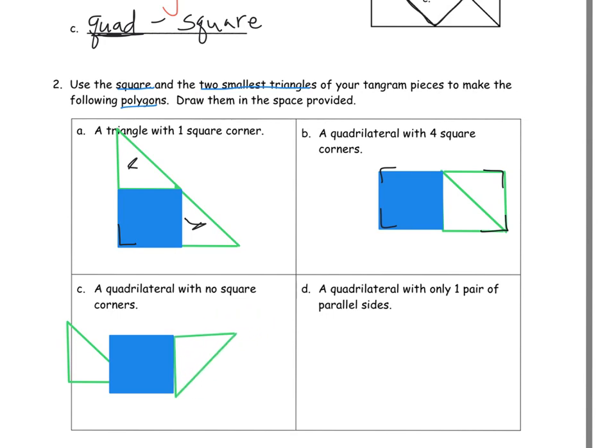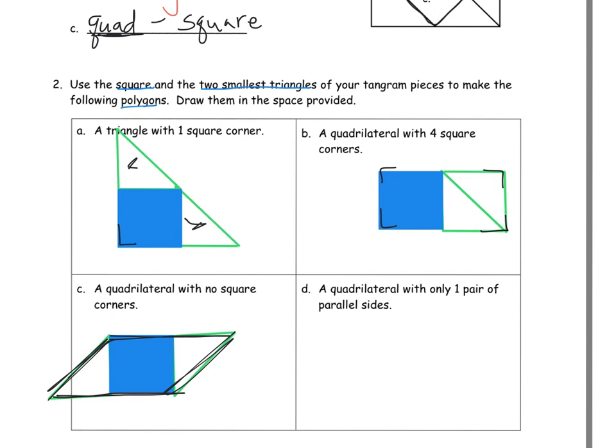It's a little easier with you, I think, because you have the tangrams there. But I want to make sure that I can make a 4-sided shape. And it doesn't match up perfectly, but I got 1 right there, 2, 3, and 4, and I have no square corners, so that works out great.